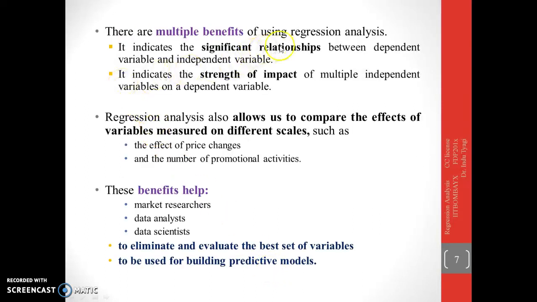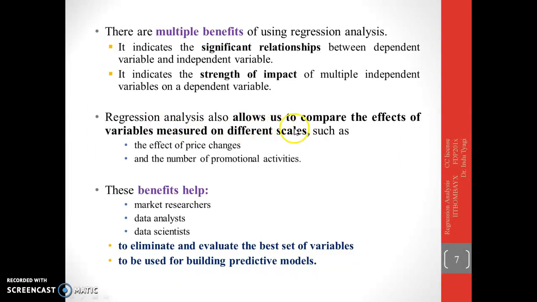There are multiple benefits of using regression analysis. It indicates the significant relationship between dependent variable and independent variable. It indicates the strength of impact of multiple independent variables on dependent variable.